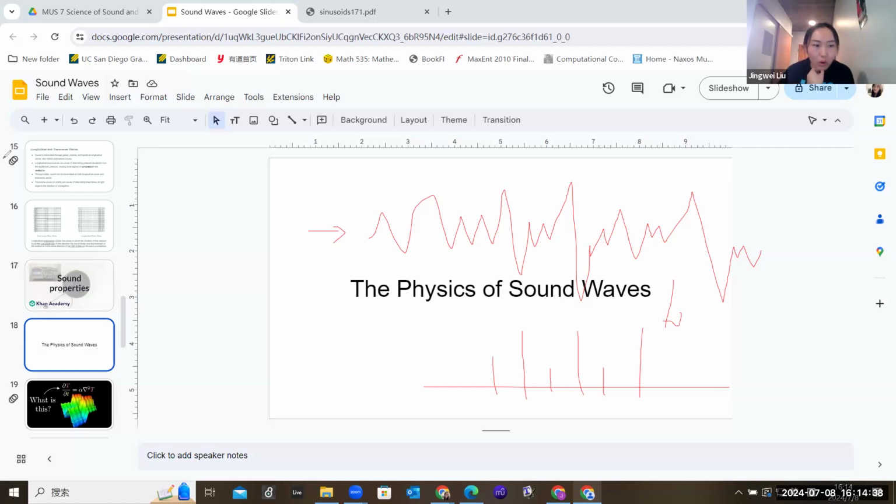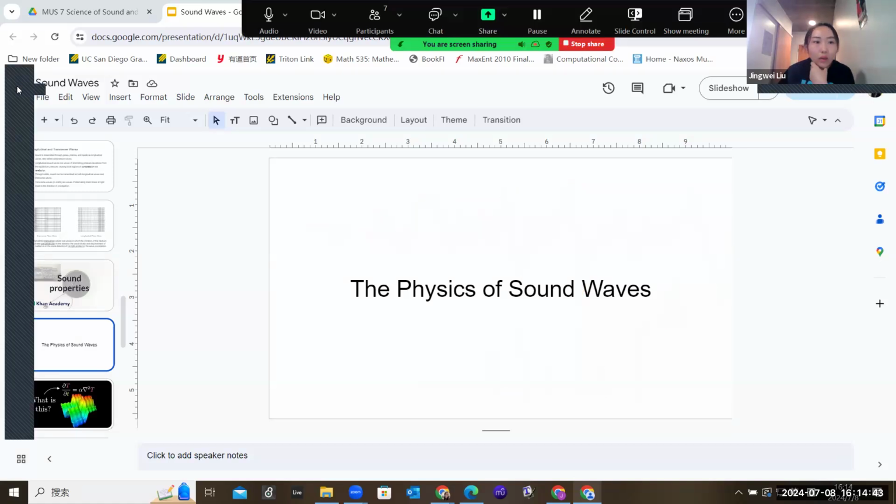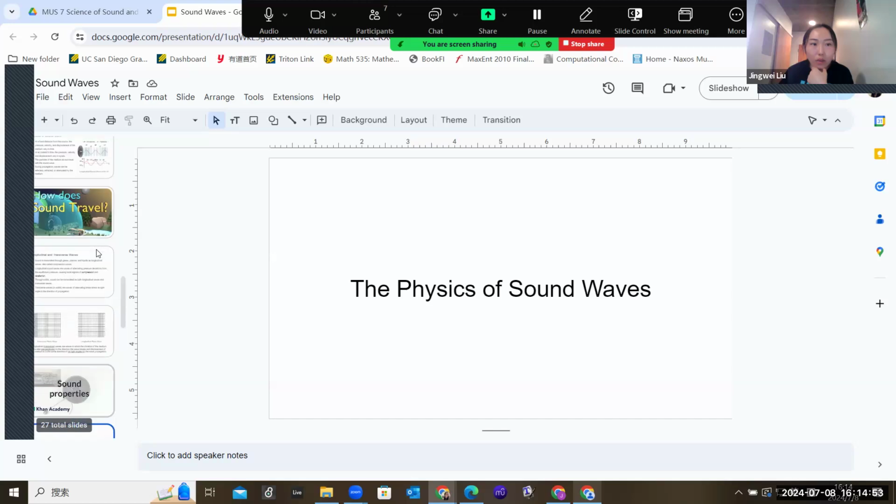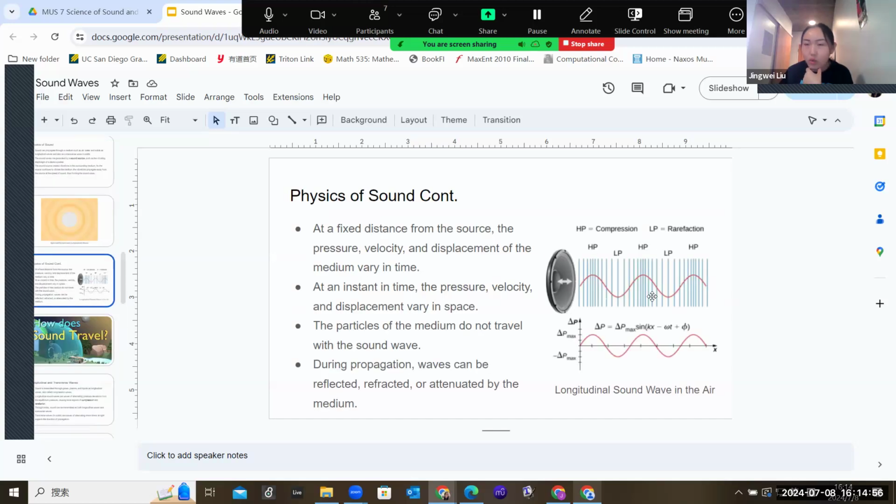So using a physical model to describe the sound from its source, we have to understand partial differential equations. Why? Because in the previous slides, we already know that in order to describe sound, there are two variables.